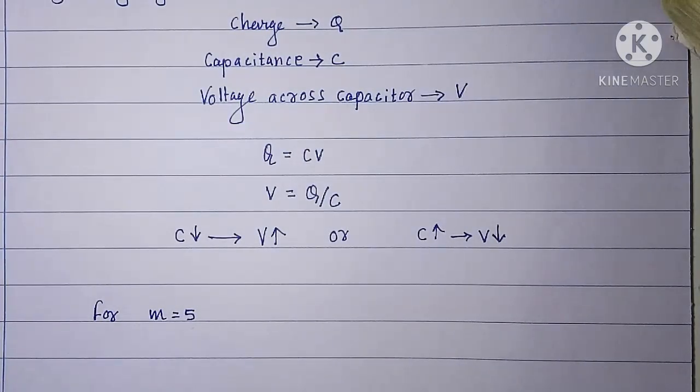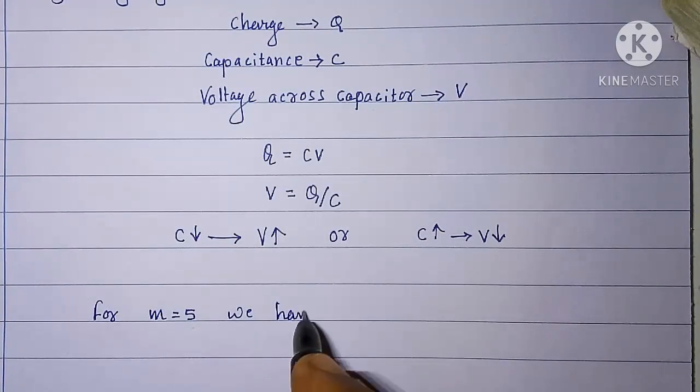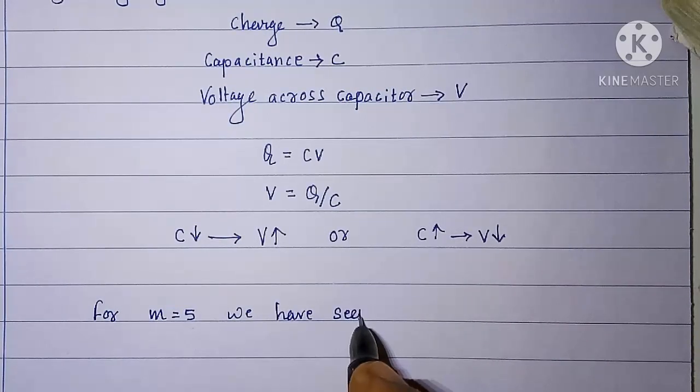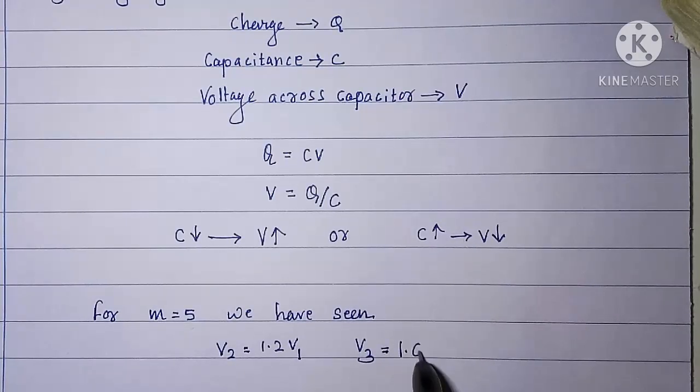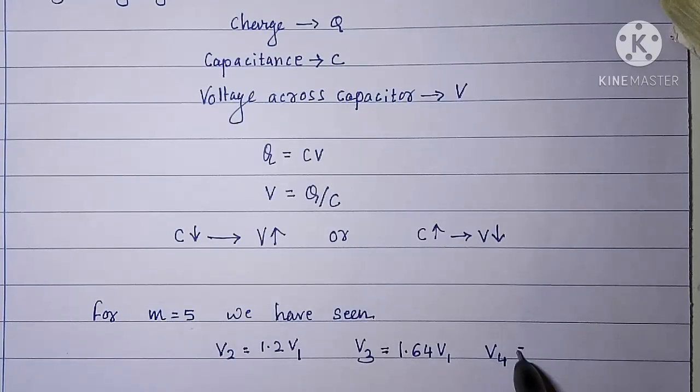For m equal to 5, we have seen V2 is equal to 1.2 V1, V3 equal to 1.64 V1, V4 equal to 2.408 V1.